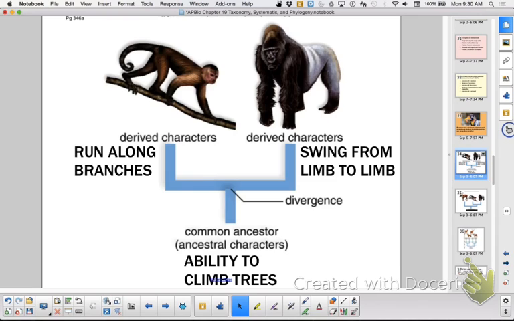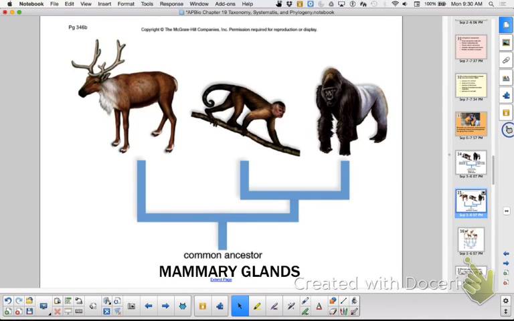So now let's step back a little bit further and bring back our reindeer that we so love, of all the different groups. So they have an ancestral trait that's the same. They have mammary glands. But other than that, do they have other traits that they share? Are we going to classify them right here whether or not they have fur or hair? No, we're not going to look at those traits.